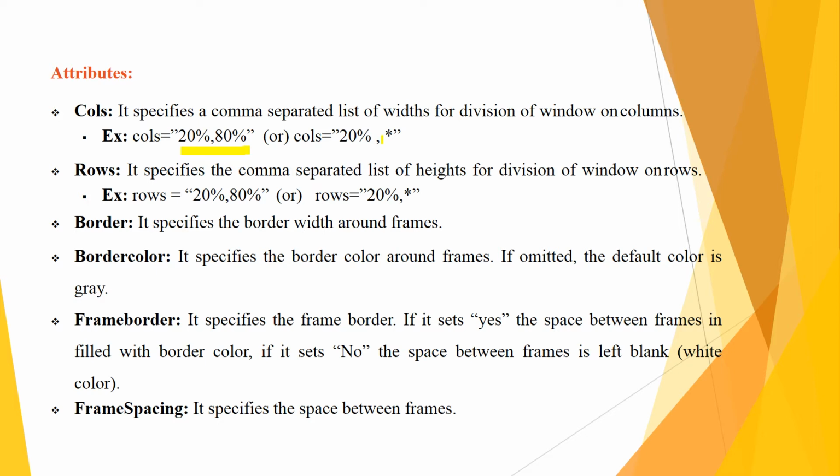If the frameborder attribute contains two values, one is yes and another is no. If you have given the value no, then there is no border between frames, only blank space, meaning white color. If the value is yes, then the space between the frames is filled with the border color we have specified in the bordercolor attribute.